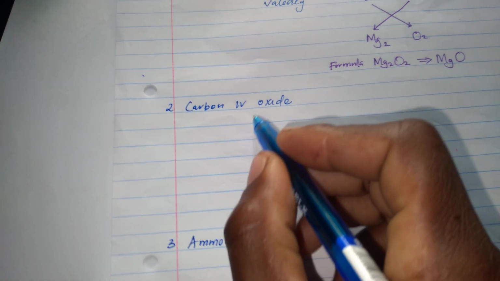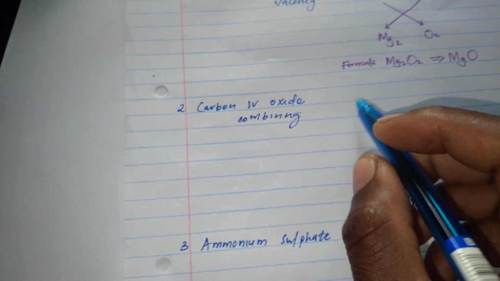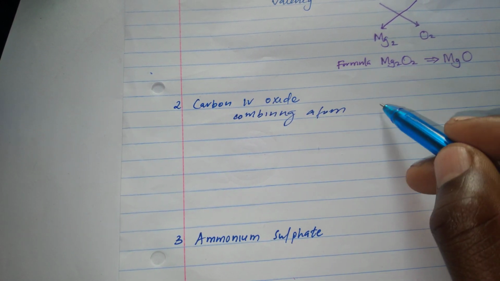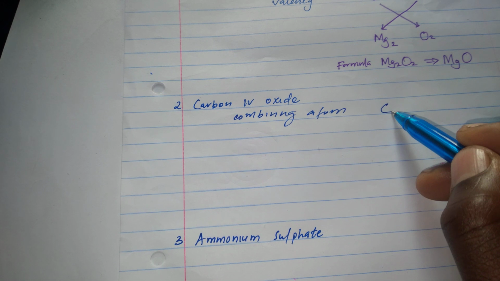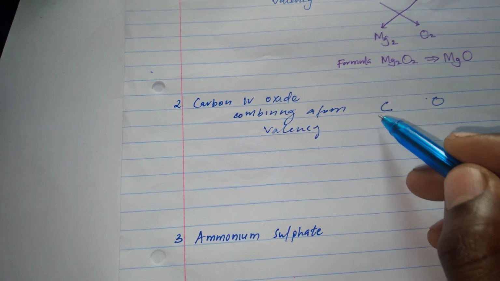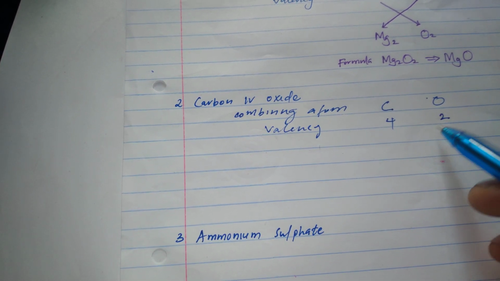The combining atoms are carbon and oxygen. The valency for carbon is 4, for oxygen it is 2.